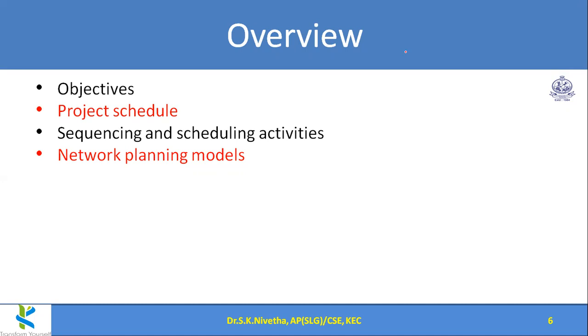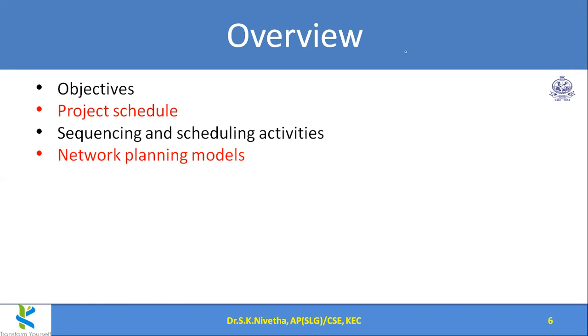So all these are to be represented as a diagram first, so that we can have a clear idea on how to proceed further, whether everything is correct or not. So likewise, we have to create a diagram. One such diagrammatic representation could be the network planning model.